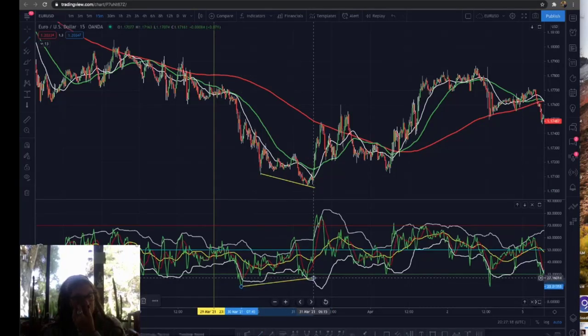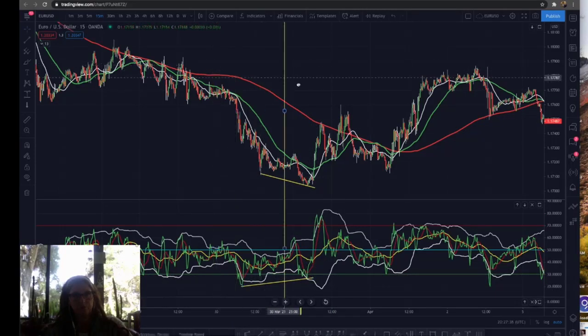The three rules that we must have: below 30, out of the band, and then divergence. So this is our entry. Stop loss based on your risk to reward.